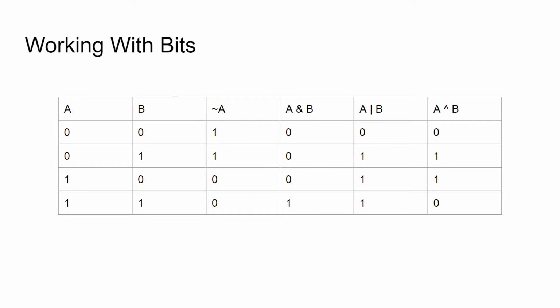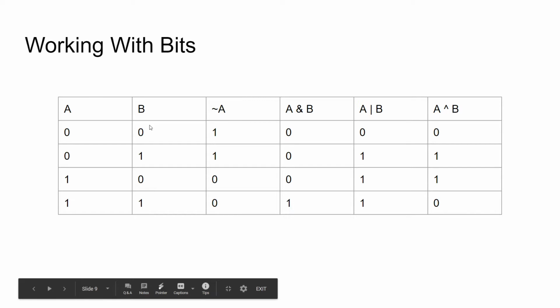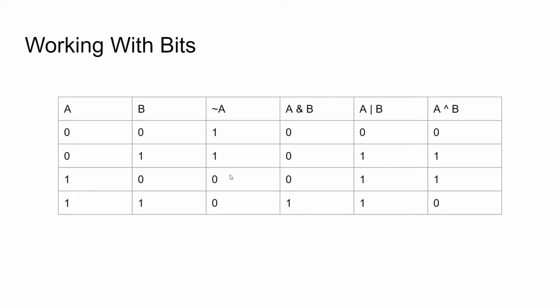So again, you have probably seen this truth table many times, describing how NOT, AND, OR, and XOR work. And again, they're just the definitions from previously. So here, NOT A: everywhere A had a 0, NOT A is 1. Everywhere A was 1, NOT A is 0. A AND B is only true if they're both true. So both false, one of them's false, one of them's false. Oh, they're both true.